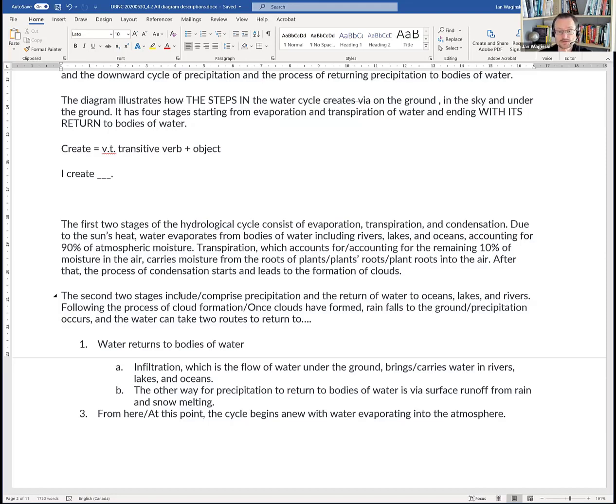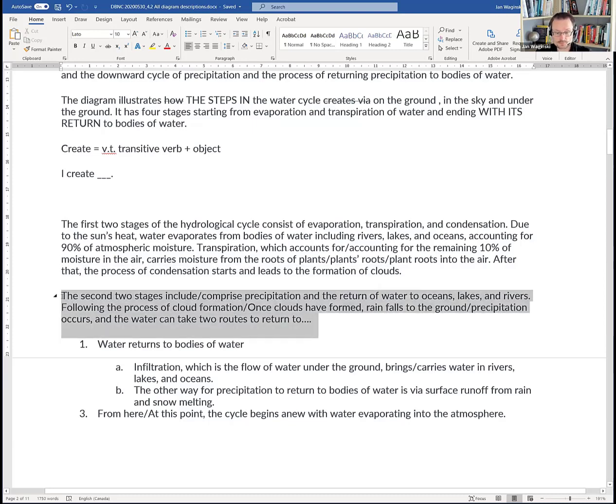Let me see a second. So you want to put this part following as part of the first sentence? Yeah. Following the process of cloud formation. I think you could.